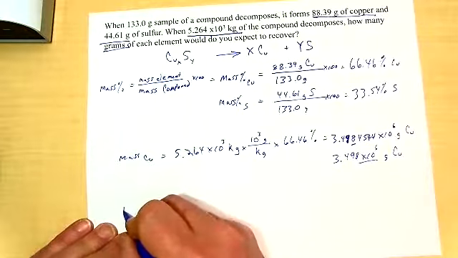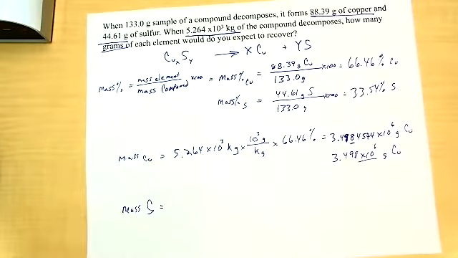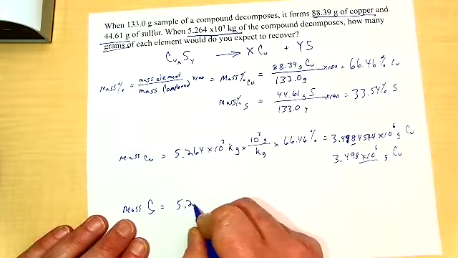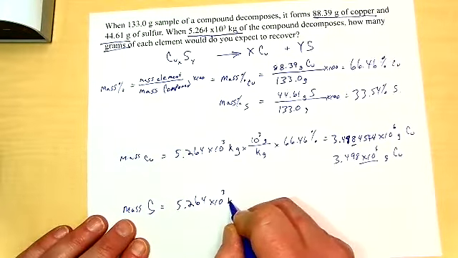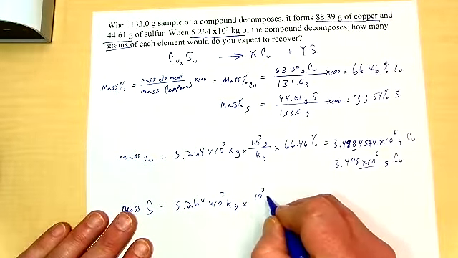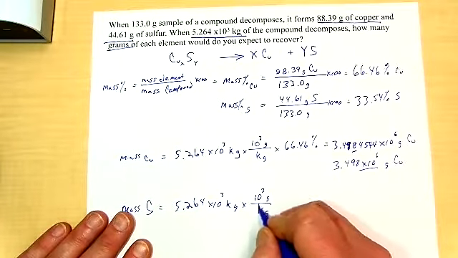The mass of sulfur, that is a terrible S, but well, there you go. So 5.264 times 10 to the third kilograms times 10 to the third grams per kilogram. By the way, this should be a small k.